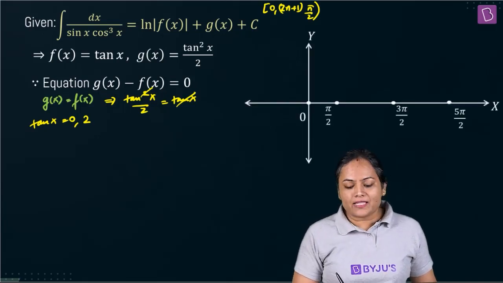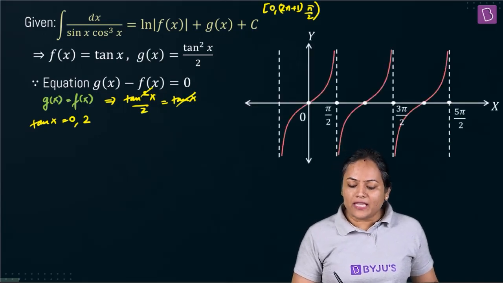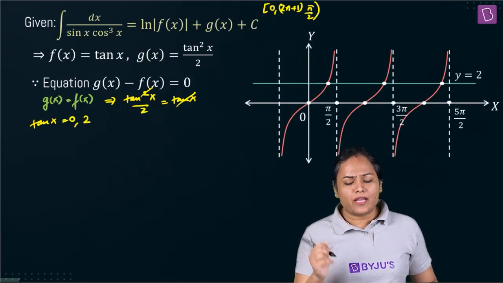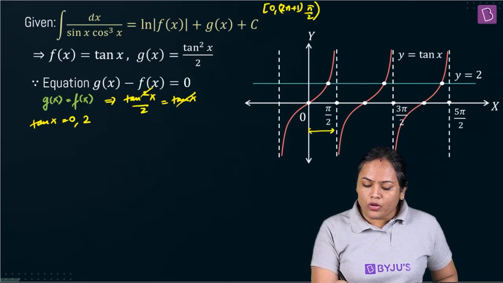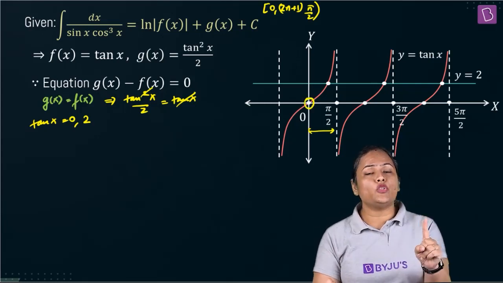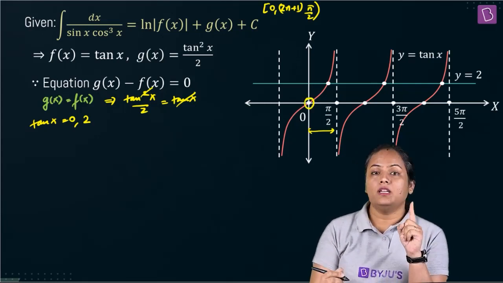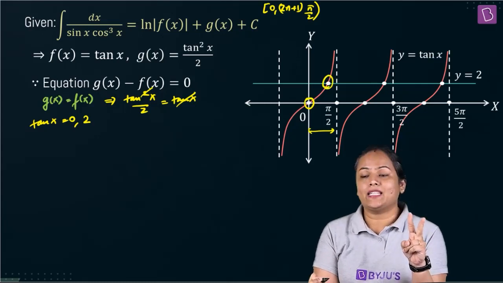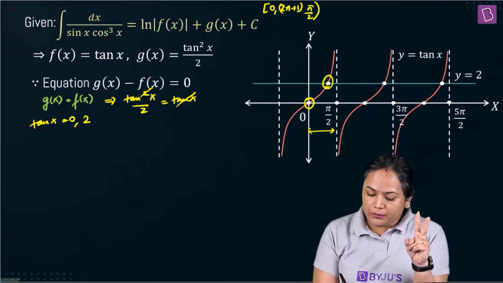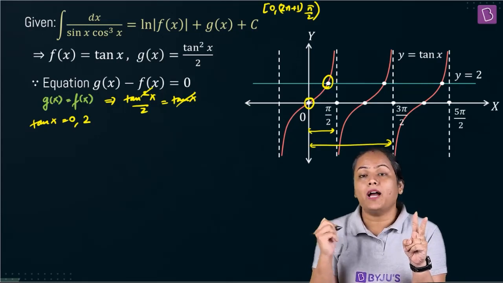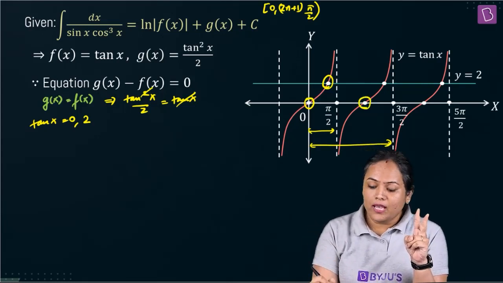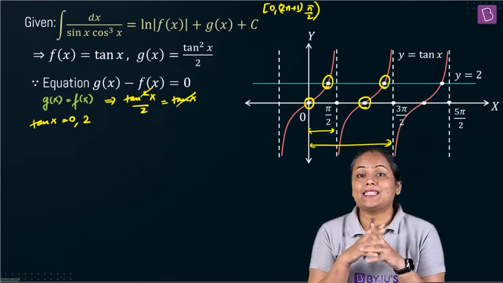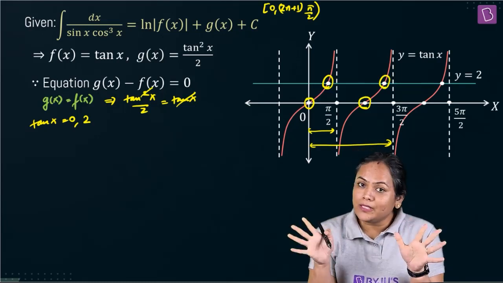So we have the tan x graph with us. We have the line y is equal to 2 also. And we know the intersection points. So between 0 to pi by 2, I have one solution when tan x is 0 and one solution when tan x is 2. Similarly, between 0 to 3 pi by 2, I have two solutions where tan x is 0 and two solutions where tan x is 2. Clear?